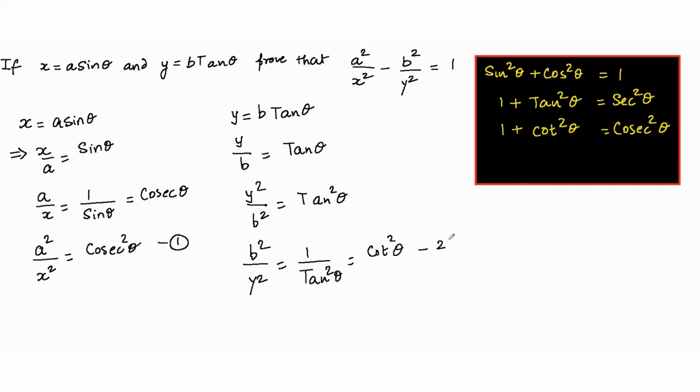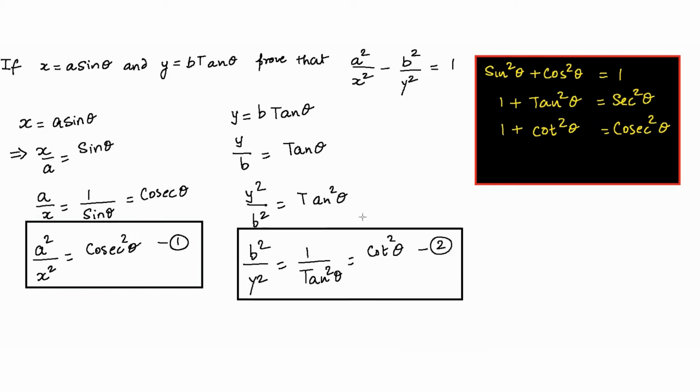And now if I consider a square by x square minus b square by y square, I think I can perform this operation because I have a square by x square and I have b square upon y square. So let's subtract these two, and what we get is a square by x square minus b square by y square is equal to cosec square theta minus cot square theta, right?